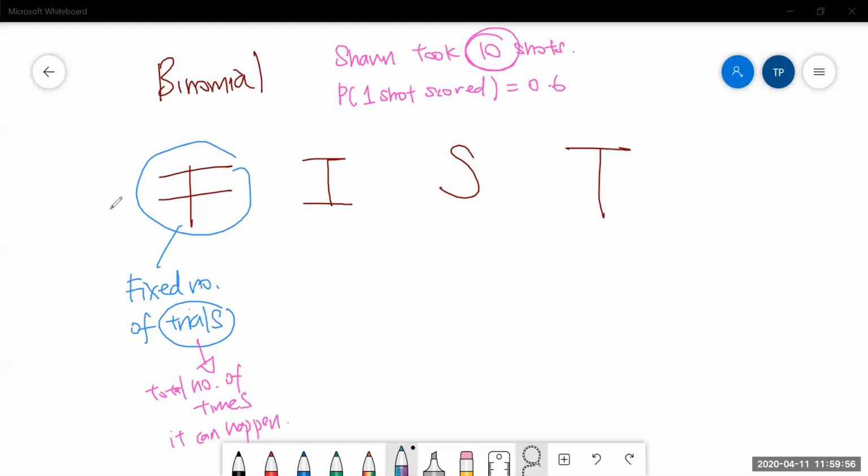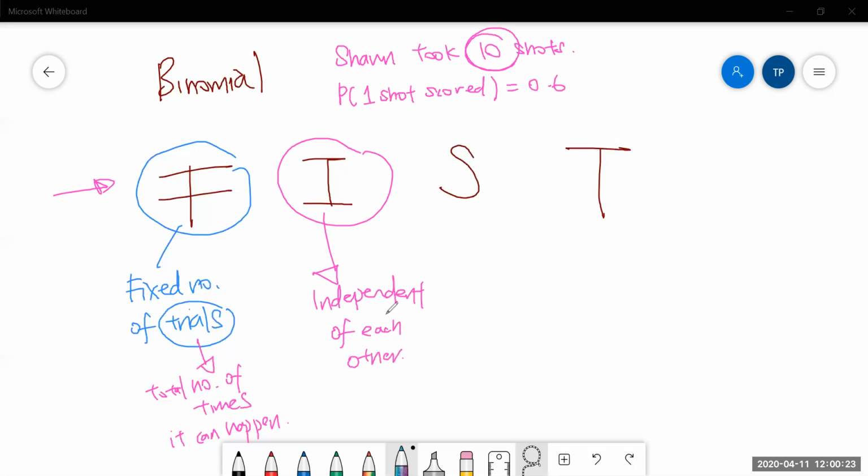Firstly, you need to fulfill this requirement, which is that it must have a fixed number of trials. In this case, it is 10. I is independent. Every single event must be independent. In this case, the event that is independent is the shots. Every single shot he takes is independent of each other.